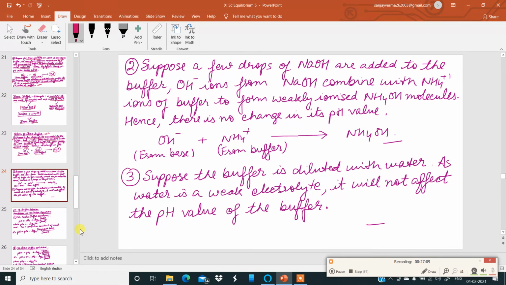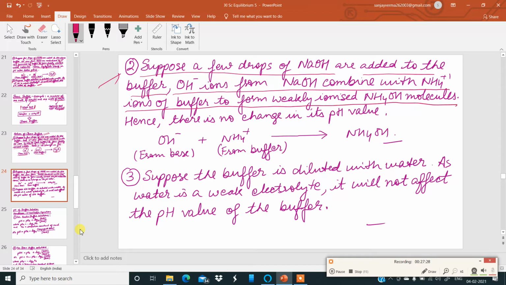Then the second case over here, to the same basic buffer which is made by ammonium hydroxide and ammonium chloride, if we add a few drops of sodium hydroxide to the buffer, the hydroxyl ions from sodium hydroxide combine with the ammonium ions of the buffer to form weakly ionized ammonium hydroxide molecules, resulting in no change in its pH value.